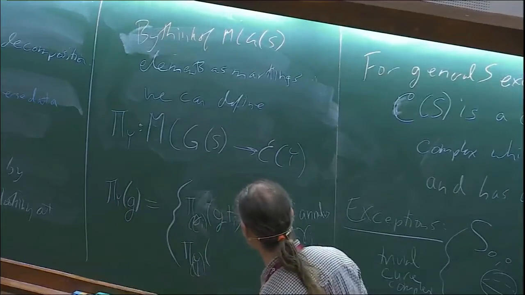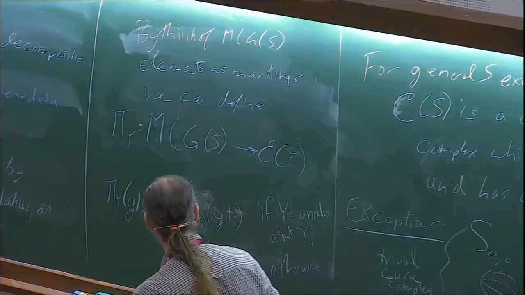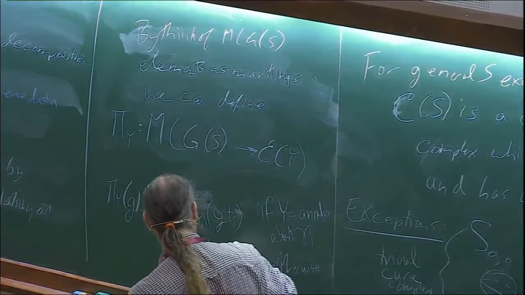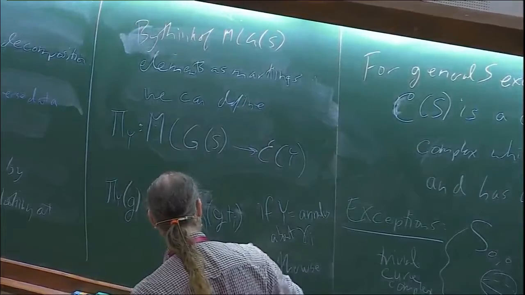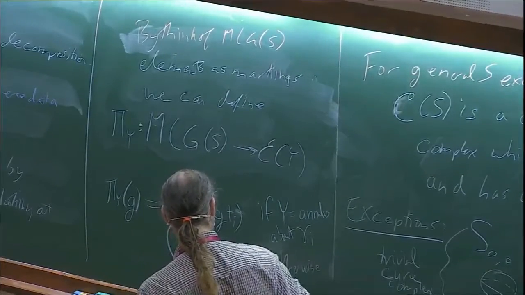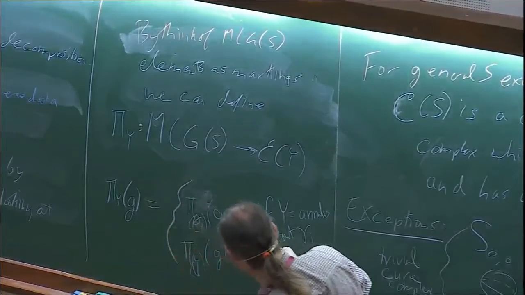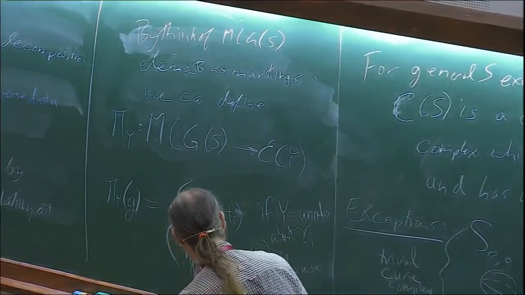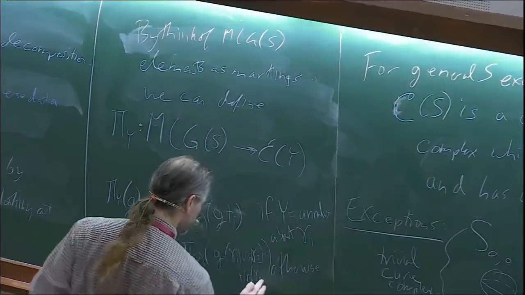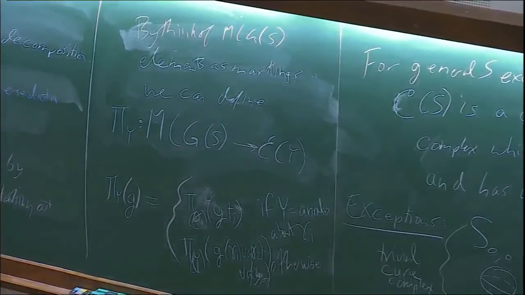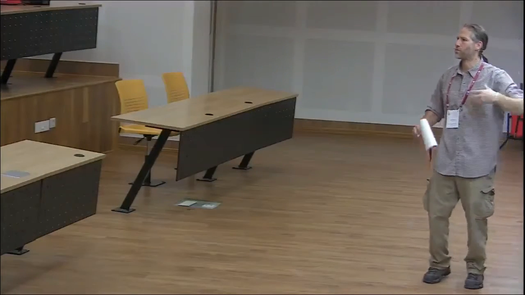Project to the curve complex of Y the element g of my Pants decomposition: g of gamma 1 union g of gamma 2 up to all of them, union g of gamma 3g plus p minus 3. Two uses of the word g, but the idea is that this is now a simplex in the curve complex. So it's a bunch of disjoint curves.